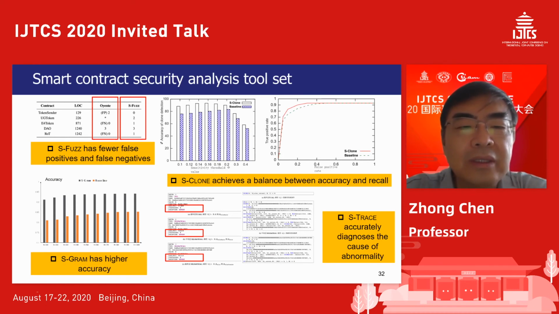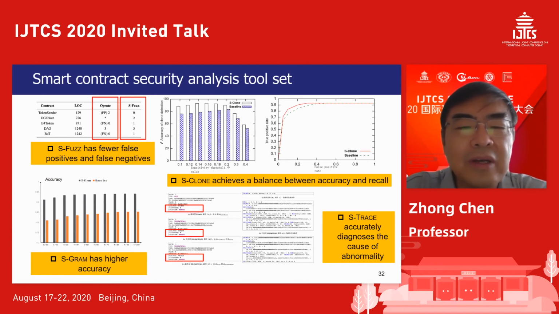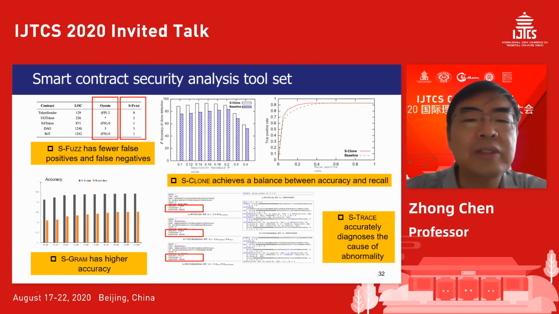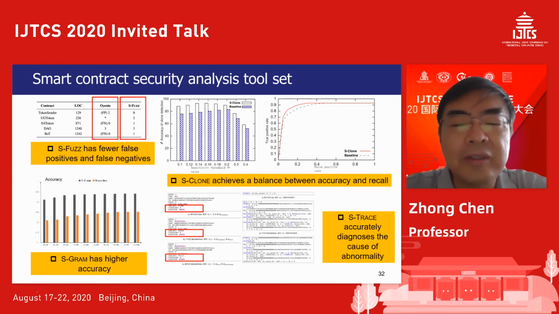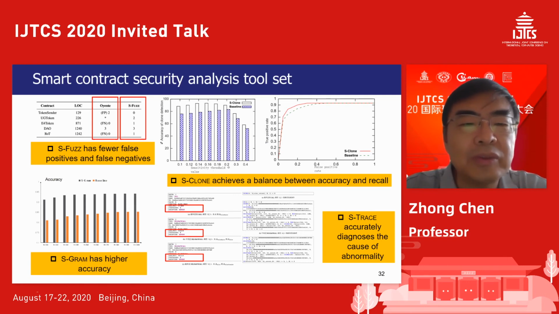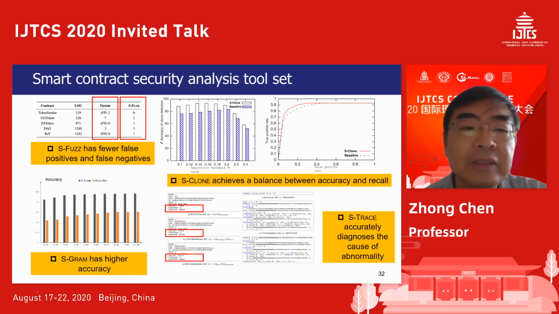Well, in summary, for the S-fast, S-gram, and S-clone, there are some results shown for the tools. They have some improvement compared with the currently existing tools and algorithms. So it provides security and vulnerability analysis in an efficient way.